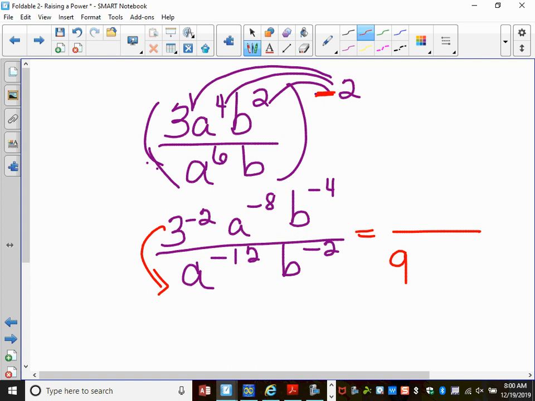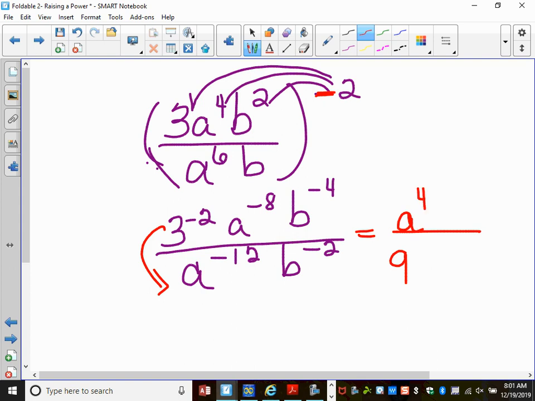Now we're kind of implementing some of the other rules along with this power of a power. And then when I subtract my exponents, because now I have a negative 8 really plus 12. And what is negative 8 plus 12? Because minus a negative is plus. So what's negative 8 plus 12? 4. So that's a positive 4.